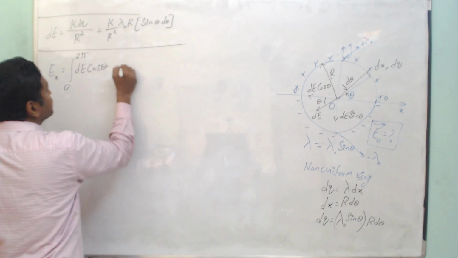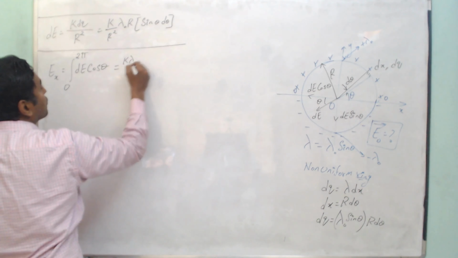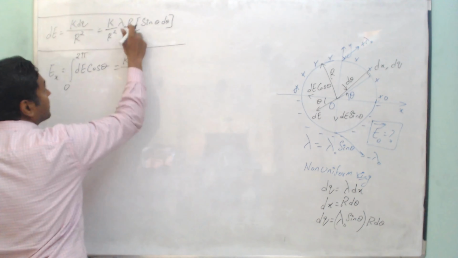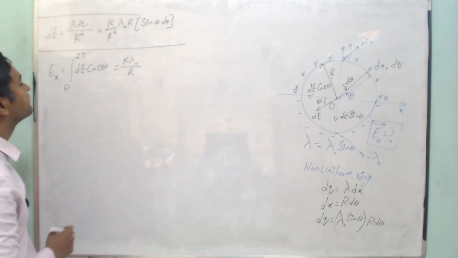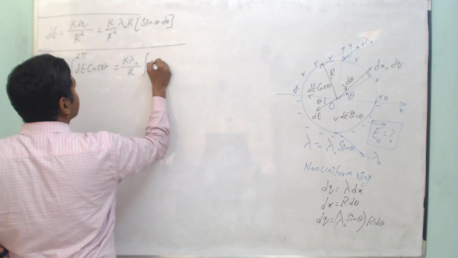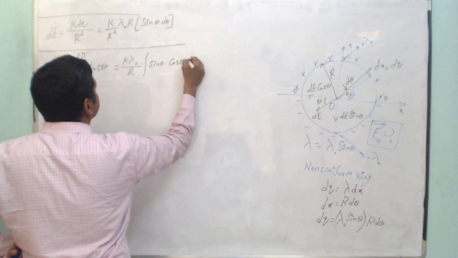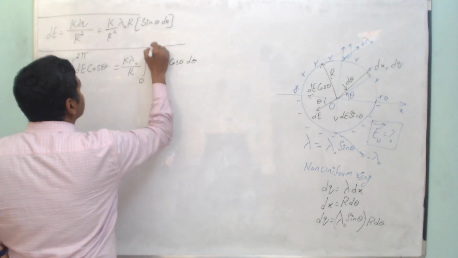Now let me substitute my entire story. K lambda naught by r. One r will cancel with r square, right? Integral of sine theta into cos theta into d theta, 0 to 2 pi.